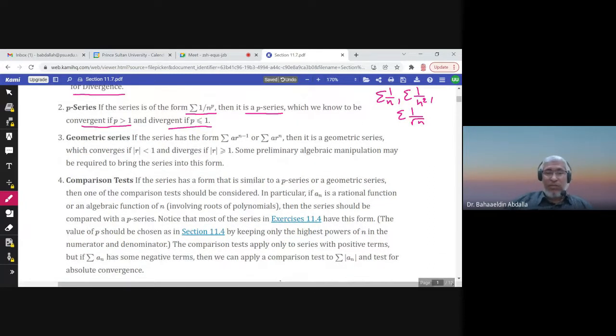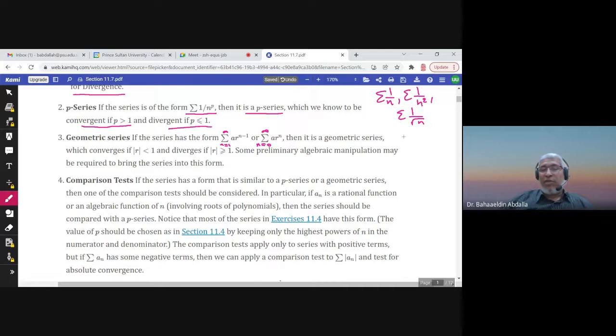If it is not a p series, look carefully again at the form of the series. Is it a geometric series? Is it written as summation a r to the power n minus 1, where n is from 1 to infinity? Or if n starts at 0, is it written in the form a times r to the power n?